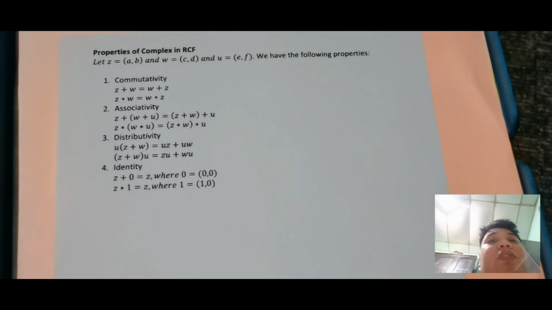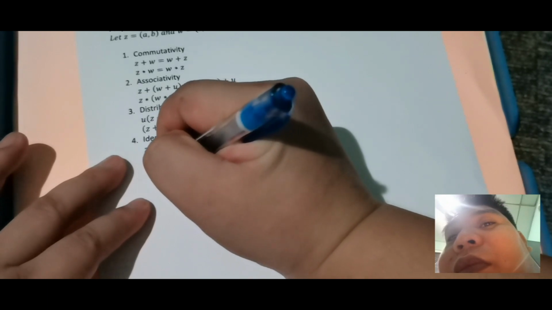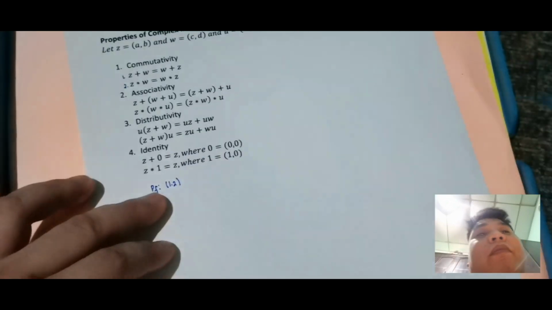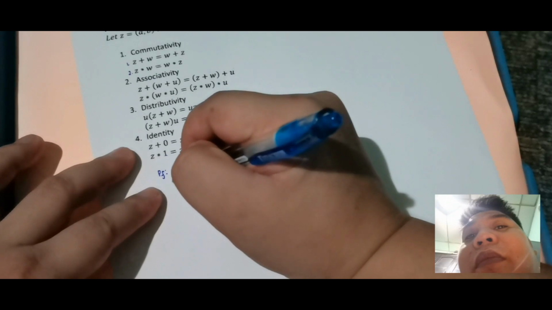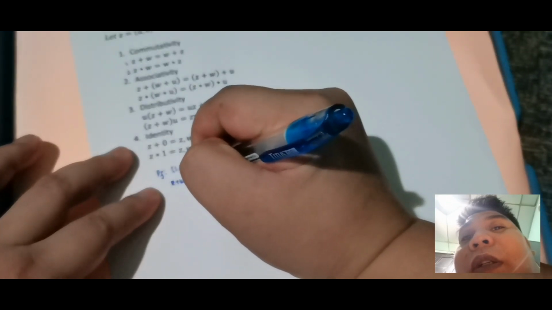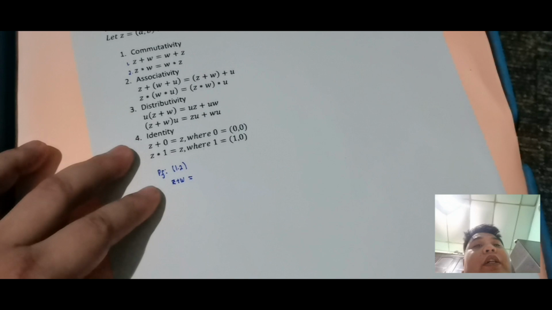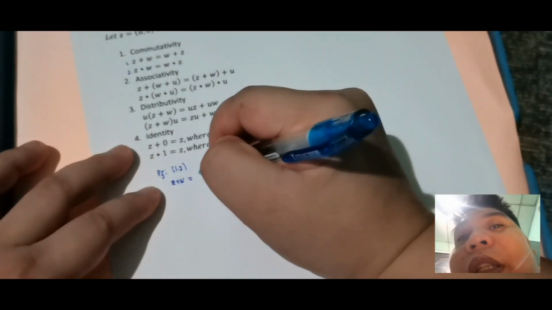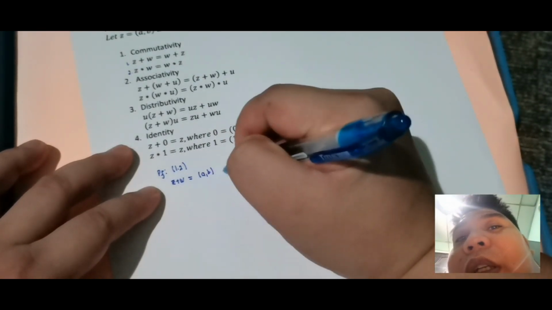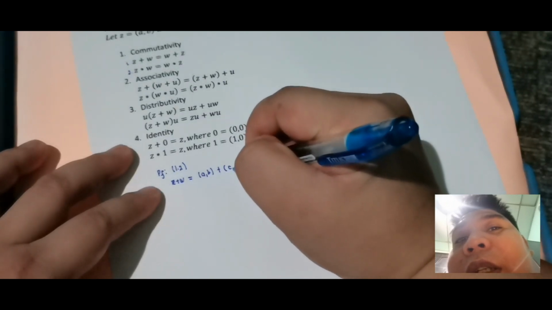Okay, so show ko sa inyo yung number 1, yung Z plus W is equal to W plus Z. So ito yung proof. Okay, so lagyan na lang din natin ng number. This is 1, this is 2. So proof ng 1.1. Okay, so para masunod natin, mag-start tayo sa Z plus W. Okay, and that is equal sa (A, B) plus (C, D).